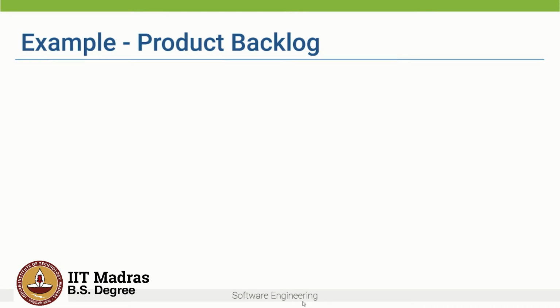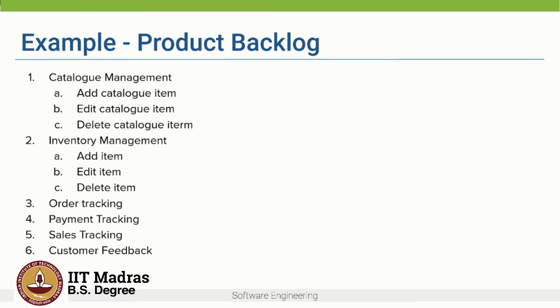Now let's look at an example of a product backlog. Let's take the example of the Amazon seller portal itself, right? In previous weeks, we have come up with some user stories based on the requirements.